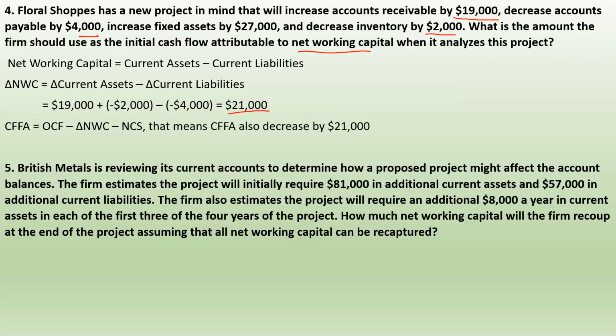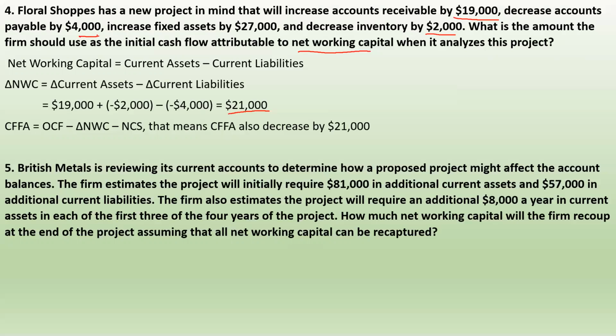The firm also estimates the project will require an additional 8,000 a year in current assets in each of the first 3 of the 4 years of this project. How much net working capital will the firm recoup at the end of the project, assuming that all net working capital can be recaptured?